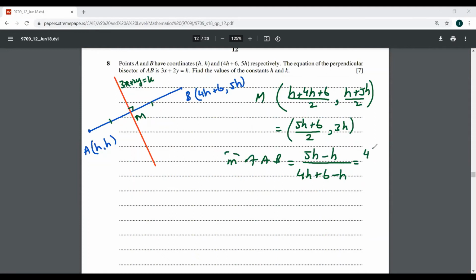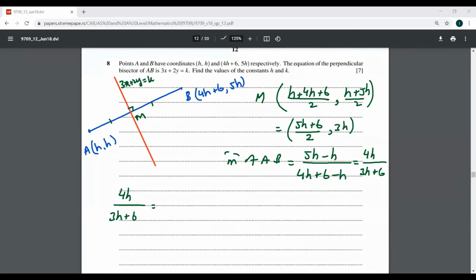This is 4h over 3h plus 6. If this is the gradient of AB, can I say this 4h over 3h plus 6, and I just write this equation here.